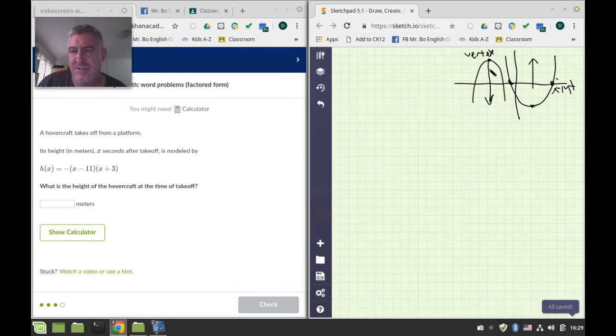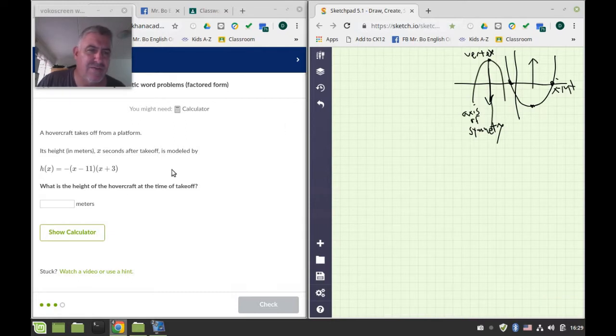And the vertical line that runs straight down the middle from the vertex is called the axis of symmetry.